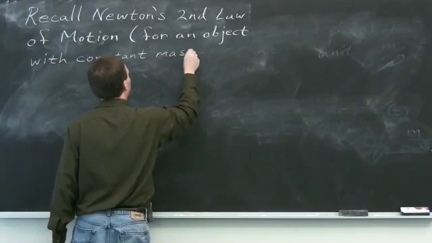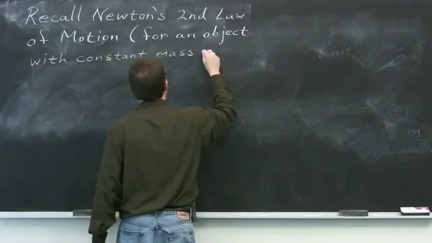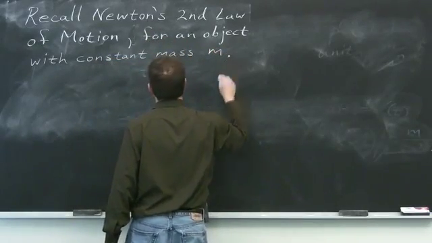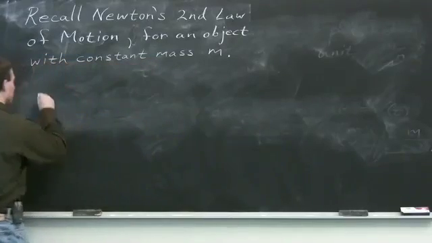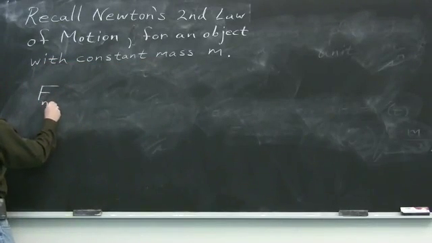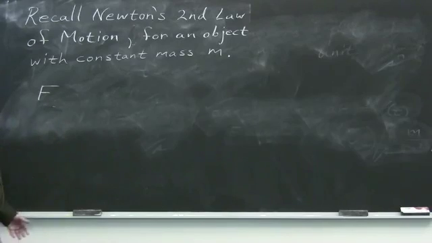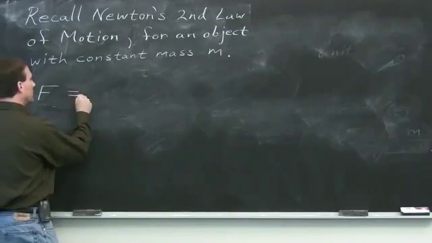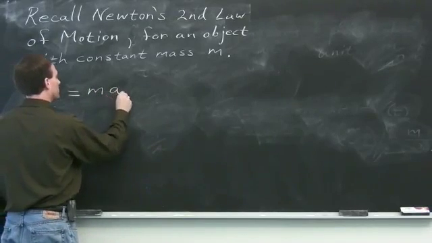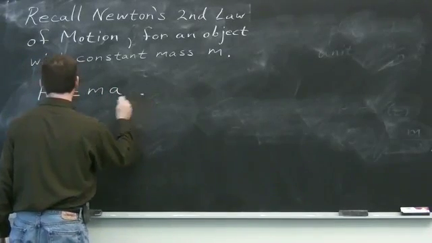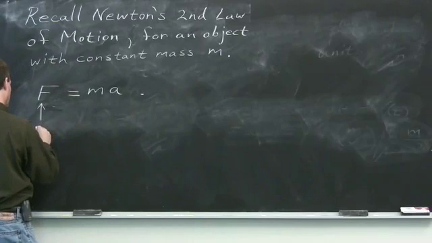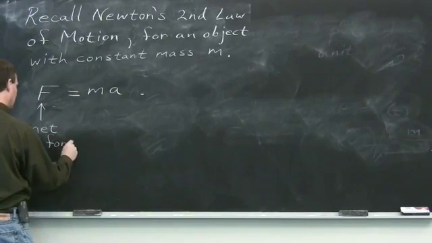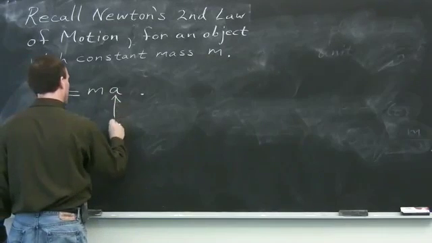Then Newton's second law in this case is the very familiar: the net force acting on an object, I'll just write F for the net force, is the mass of the object times its acceleration. F equals ma, rolls off the tongue. This is the net force, and this is the acceleration of the object.